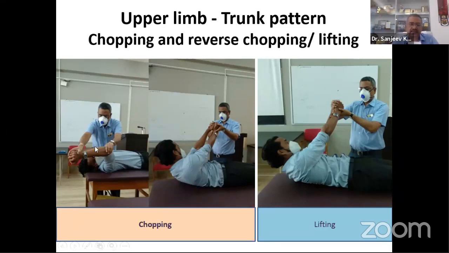Again, there is resistance applied here as well as here. The patient is asked to lift the limb and take it across to the other side of the pelvis. The thing which we are going to apply is resistance, and the technique you apply can be unidirectional or in both directions.